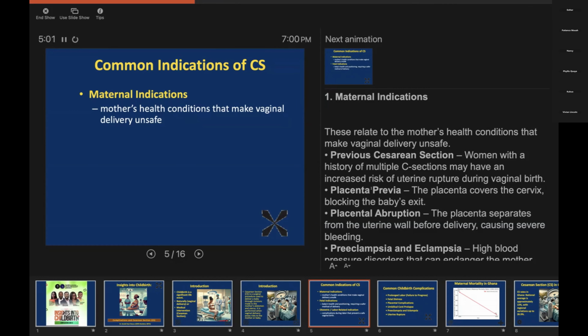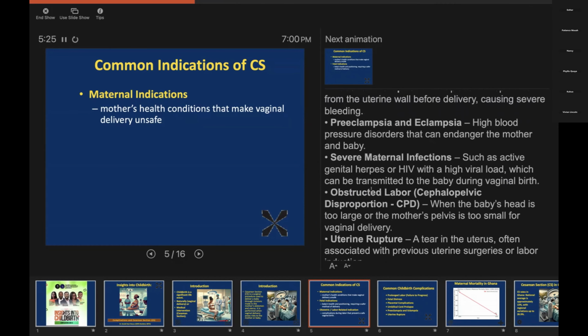If the placenta comes out before the baby during natural labor, it means this mother is going to bleed a lot, which can lead to the death of the mother. So we normally find this before delivery, because through the scan we can tell the location of the placenta, and we'll suggest cesarean section for these.